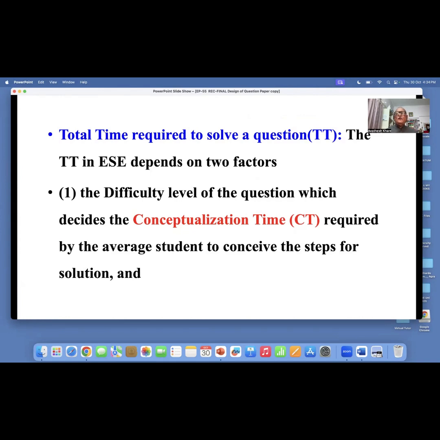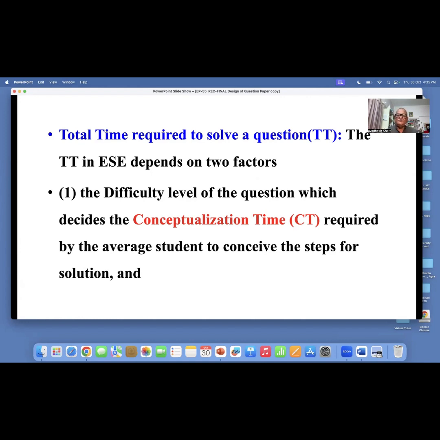Total time to solve the question is called TT. The TT in ESE depends upon two factors. The first factor is the difficulty level of the question, which decides the conceptualization time, because once the student gets a question, he conceptualizes it and decides the steps for how to solve it.